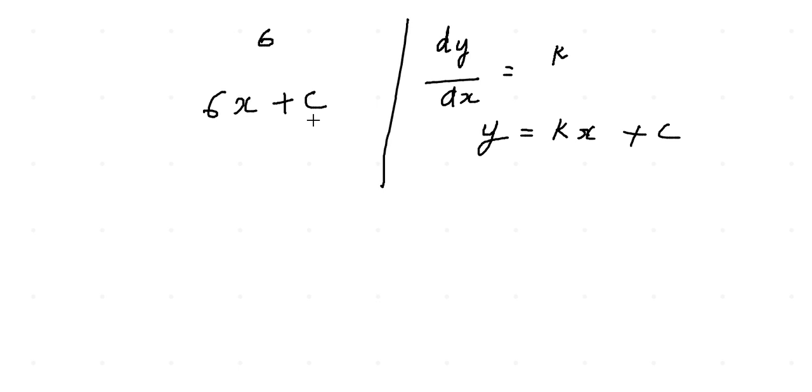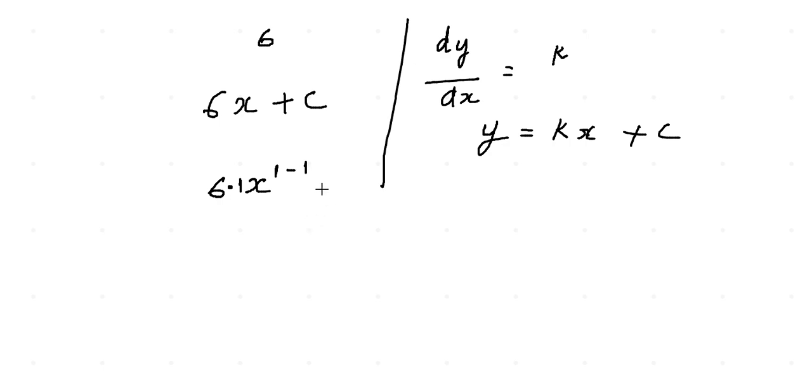Now you might ask me, why is there a plus c, right? And again, I want to remind you that the way you can find if this answer is right is you just try to find the derivative of 6x plus c. Now what is the derivative of 6x plus c? It's going to be 6, and since x is to the power of 1, you multiply by 1, and 1 minus 1, right?